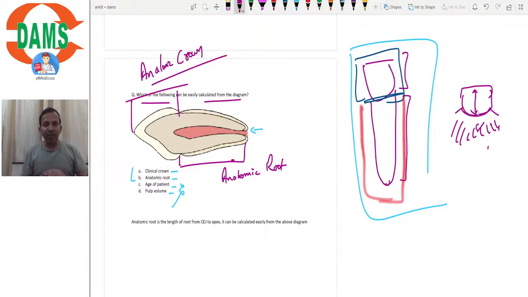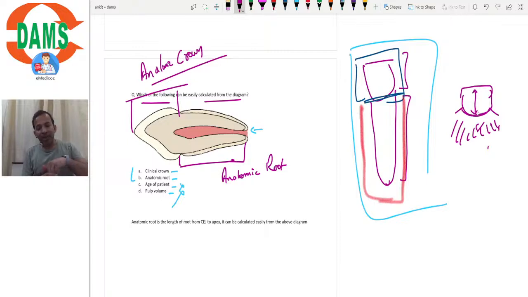So if the crown has not yet completely erupted, let's say the CEJ is still within the gingiva, then whatever is visible, that is the clinical crown. So root would be longer, isn't it? And whatever is invisible, whatever is within the bone or within the gingiva, right? That part is known as clinical root.